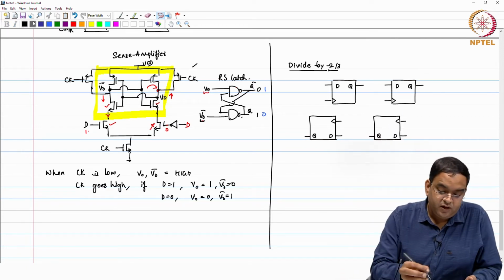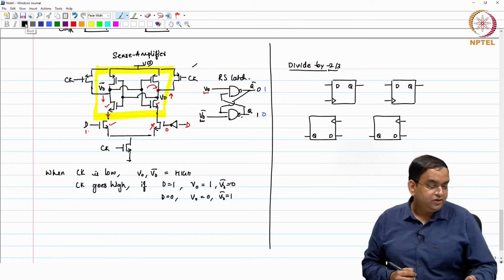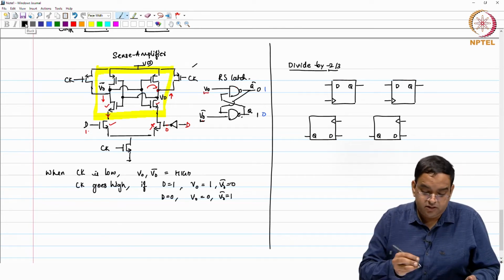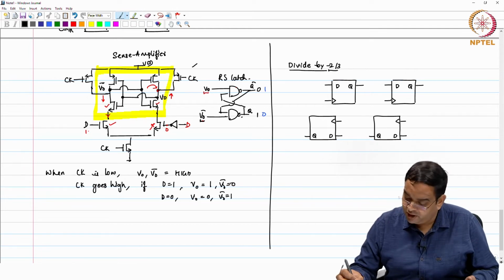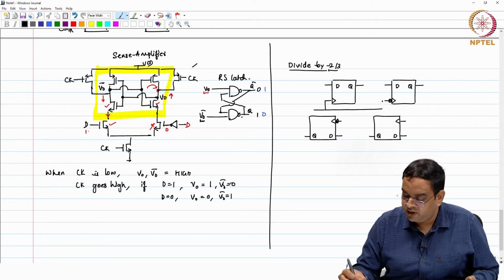Two of these latches are clocked at the rising edge of the clock and the other 2 latches are clocked at the falling edge of the clock. So, these 2 are at the falling edge of the clock and the other 2 are at the rising edge. I will just give the clock input here.